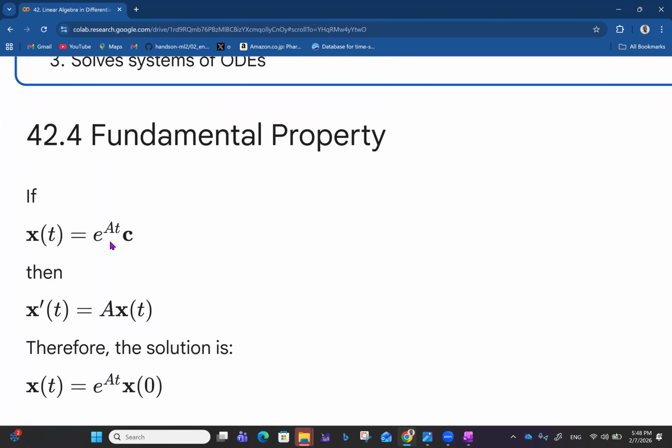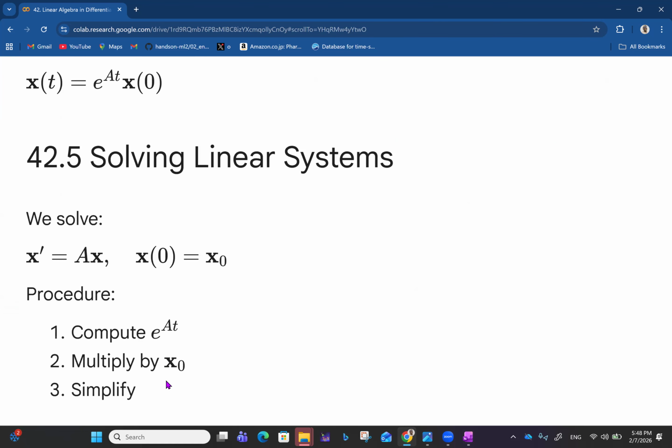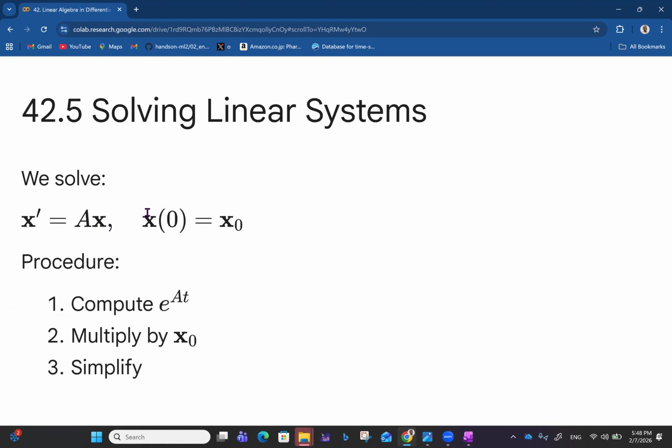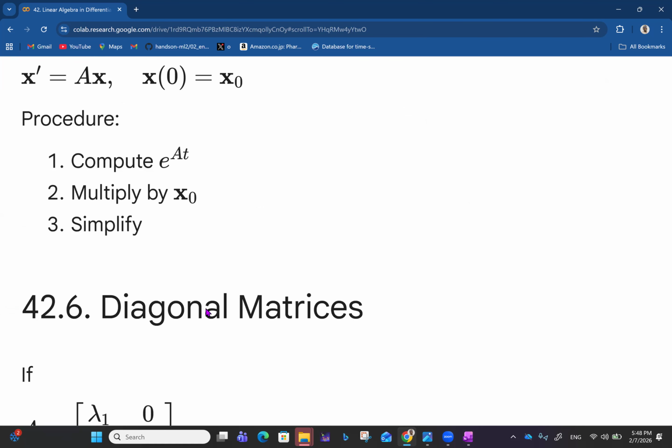If x of t equals e raised to the power At multiplied by c, then x prime of t is actually A x of t. Therefore, the solution is x of t equals e raised to the power At times x of 0, the initial condition. So for solving linear systems, we solve x prime equals A x with initial condition x of 0 equals x naught. The procedure is, first of all, we compute e raised to the power At multiplied by x naught, and then we simplify. That's how to solve linear systems using this.